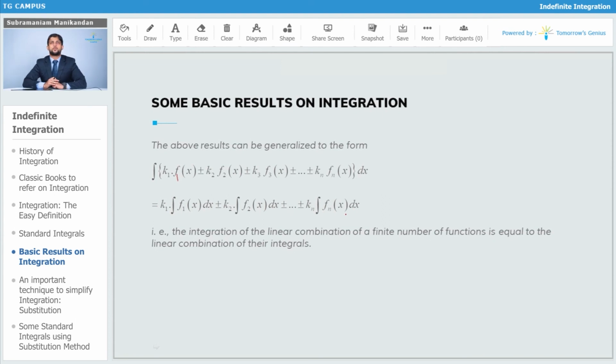Integration of the linear combination of a finite number of functions is equal to the linear combination of their integrals. So these are all the rules that you have to look at while doing integration questions.